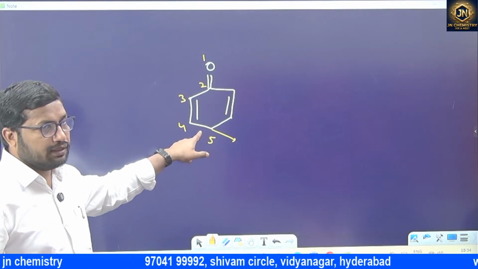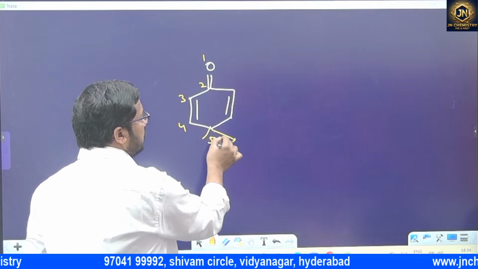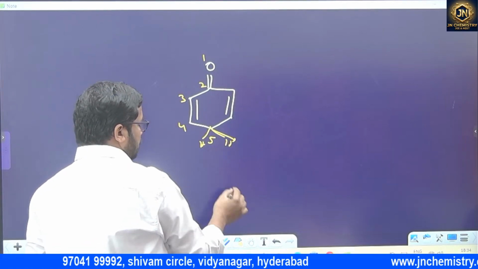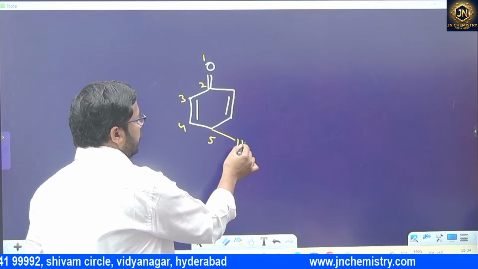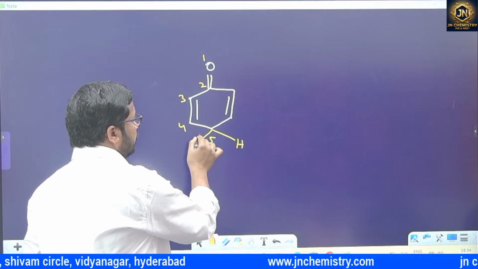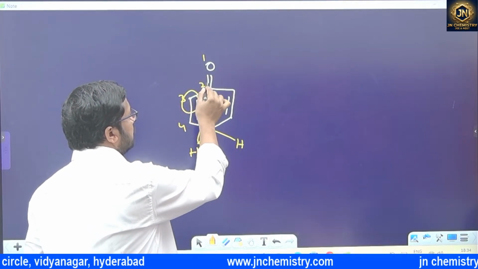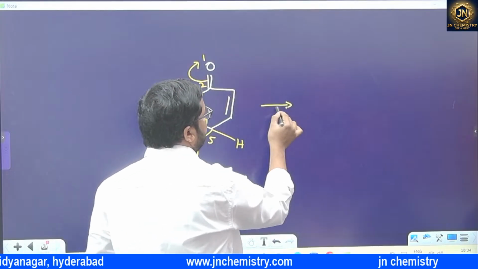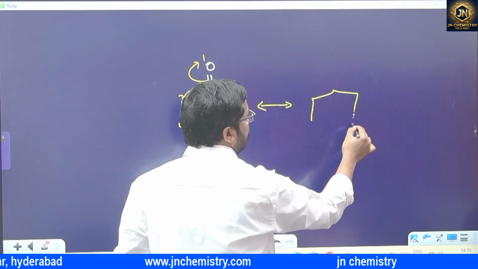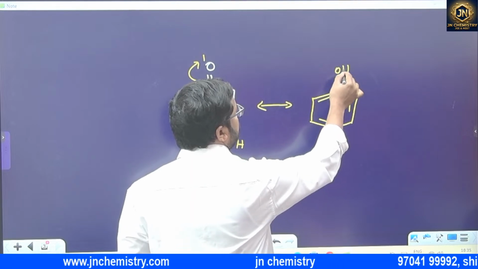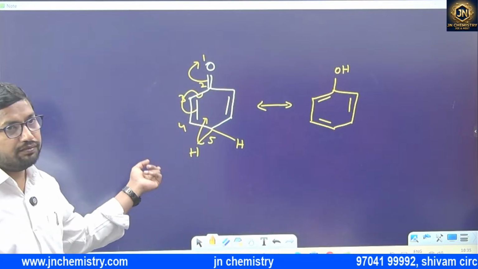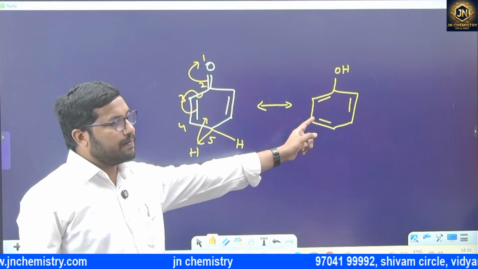This is sp3, so these two hydrogens are there. One hydrogen shifts like this and what exactly happens? OH. This is the keto form, this is the enol form.